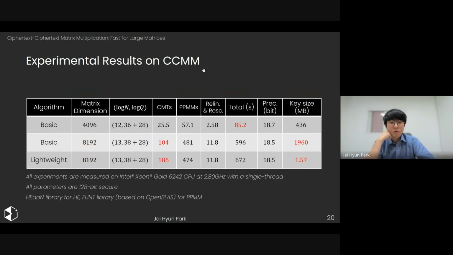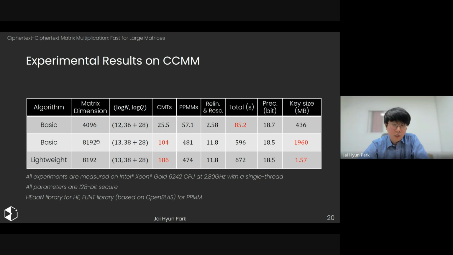Okay, we also have some experimental results. This is for CCMM. For a matrix of dimension 4,000 by 4,000, it took about 1.5 minutes to multiply two matrices on a single-thread CPU. For larger matrices, it takes 600 seconds.